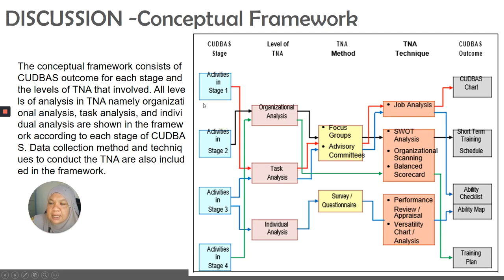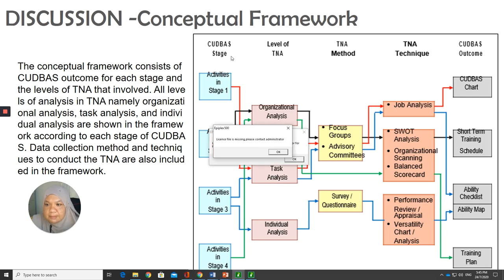Okay, lastly, this is my finding, and this one is my conceptual framework. It consists of Cudbas outcome for each stage and the level of TNA involved. Okay, all levels of analysis in TNA, namely organizational analysis, task analysis, and individual analysis, are shown in the framework accordingly to the stage of Cudbas method.